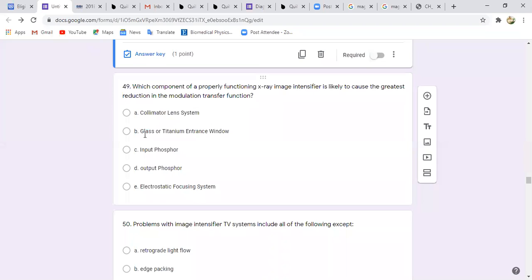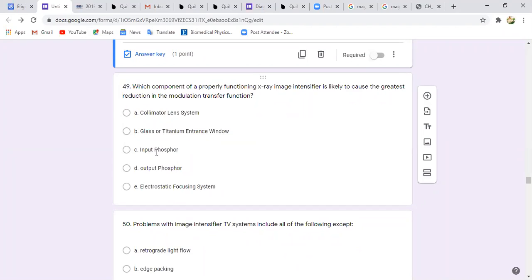The input phosphor, because this is where it originates. Here the X-ray is turned into light hitting the photocathode, and it is converted to electrons, which will now begin to be focused. From there we have a reduction in MTF as it moves down.